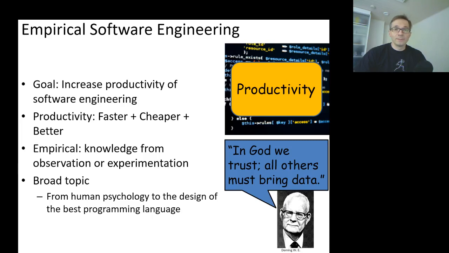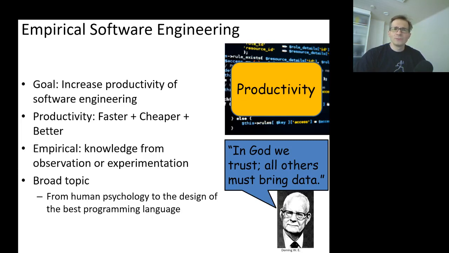When we talk about empirical software engineering, we mean that our knowledge about software engineering is derived from observation or experimentation. In the words of this great fellow, Deming, we can say, "In God we trust, all others must bring data." Deming was an engineer and a statistician.